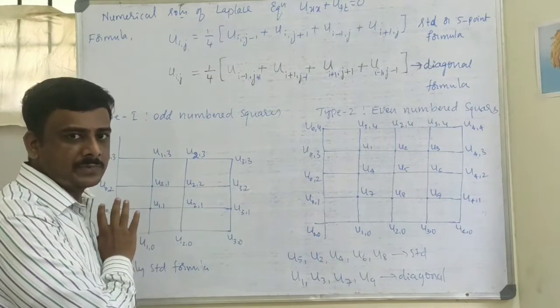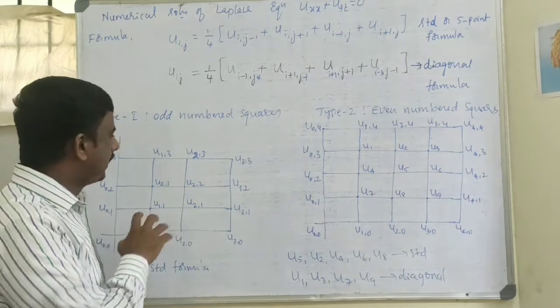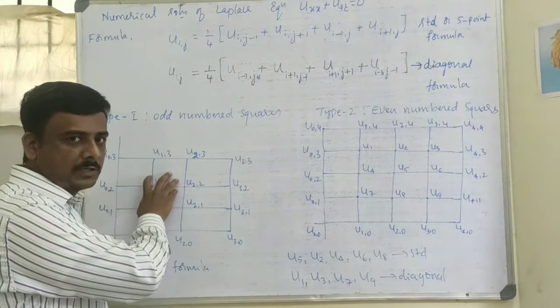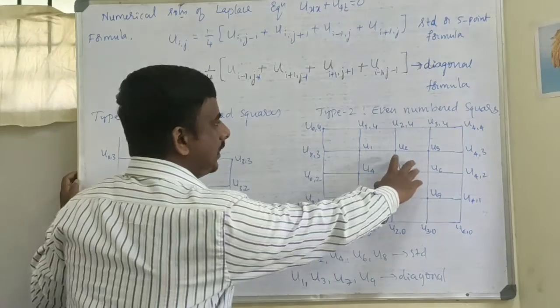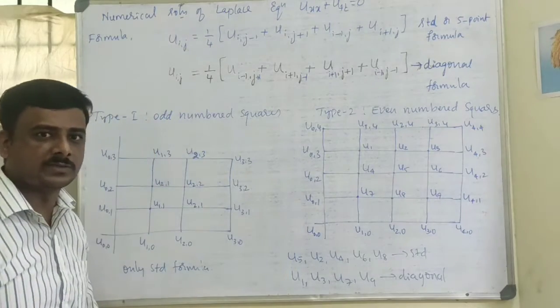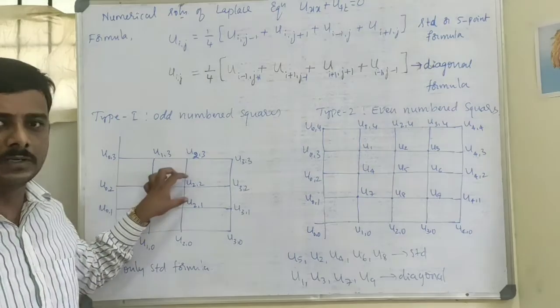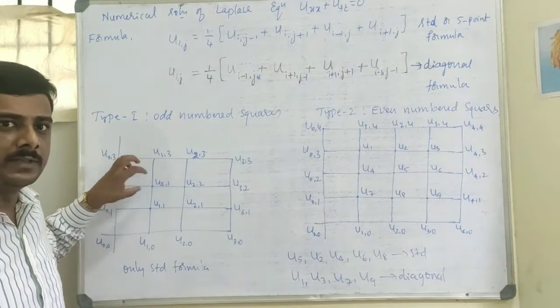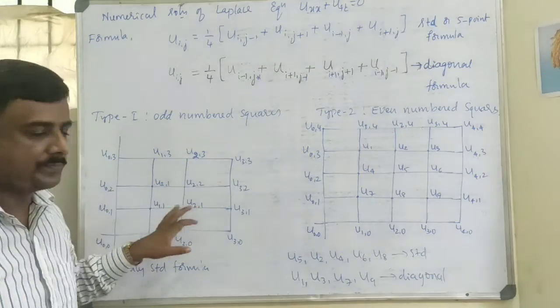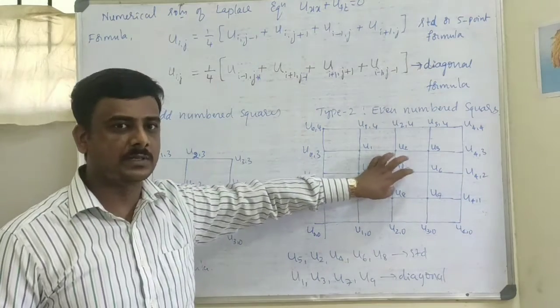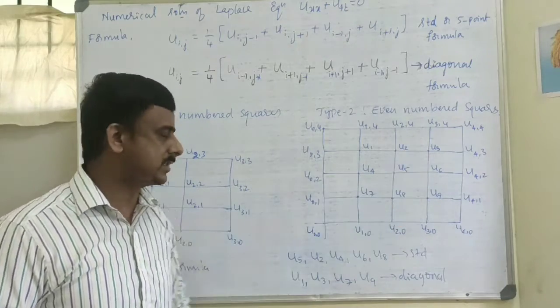There are two types of problems here: problems with odd numbered squares and problems with even numbered squares. Usually, odd numbered squares are given with 9 squares, and even numbered squares with 16 squares.